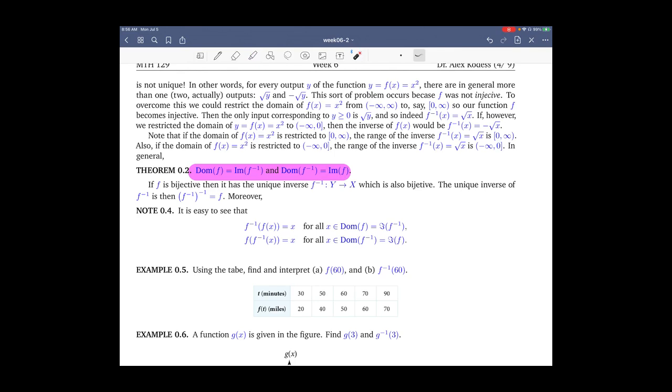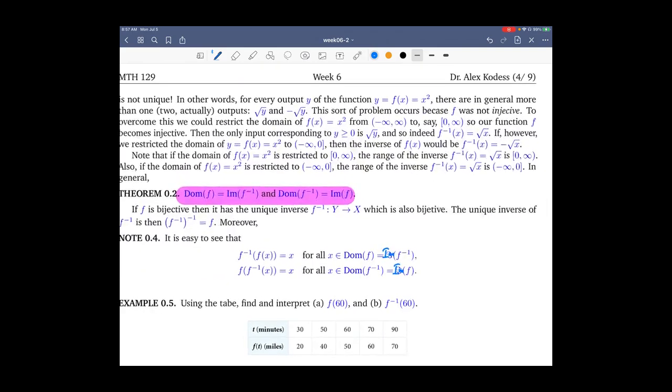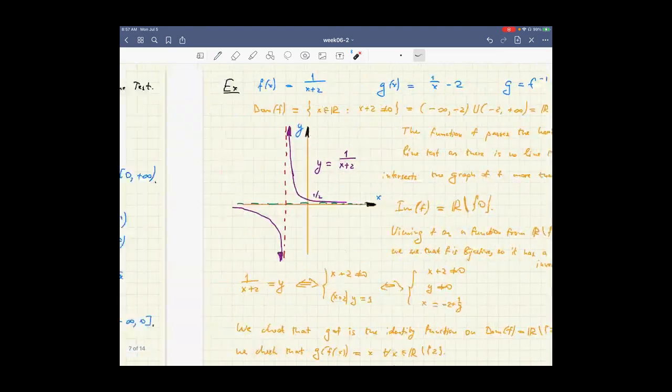F inverse at f at x equals x, well, that's the very definition of inverse, and vice versa. F of f inverse of x equals x. And this here is a typo. It should be image. And it also should be image. This is easily explained by the picture on the previous page.